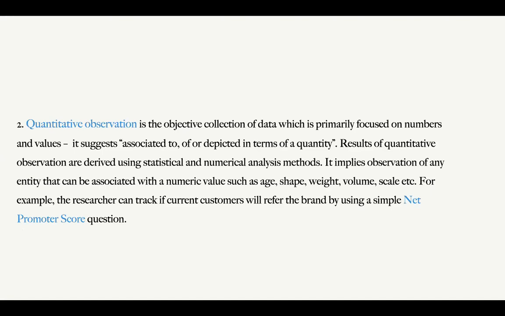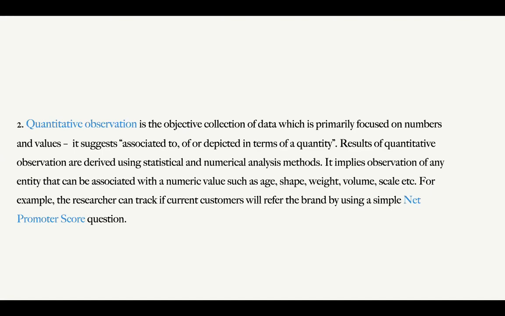This is the observed collection of data which is primarily focused on numbers and values. It is associated with or described in terms of quantity. Researchers' quantitative observations are delivered using statistical and numerical analysis methods.